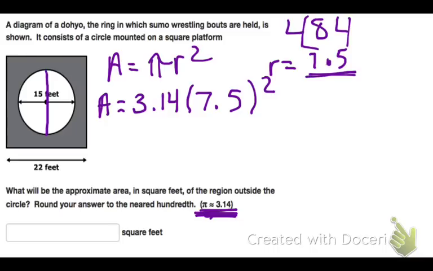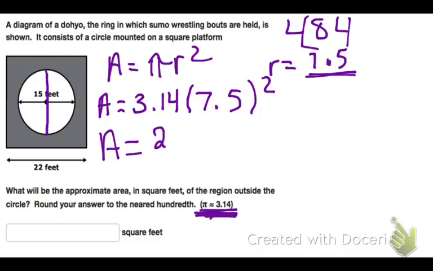So I would probably go back to order of operations, and I would do 7.5 squared first. So 7.5 times 7.5, or 7.5 squared, is 56.25.